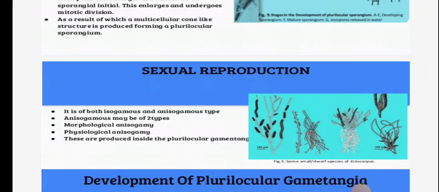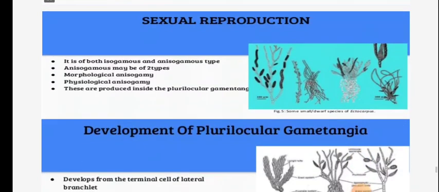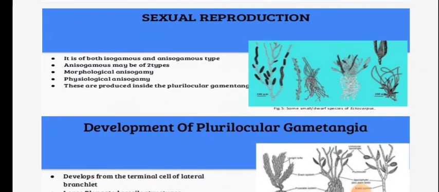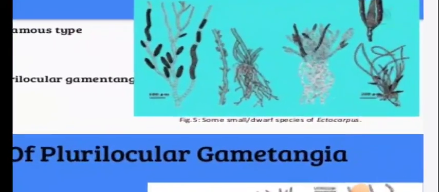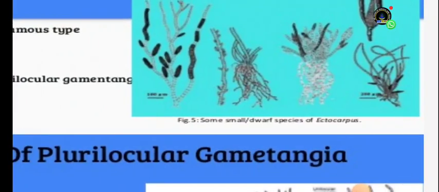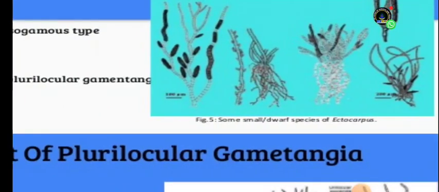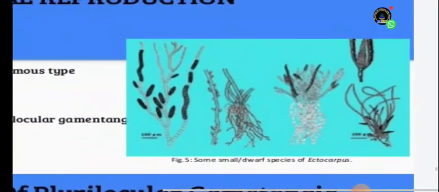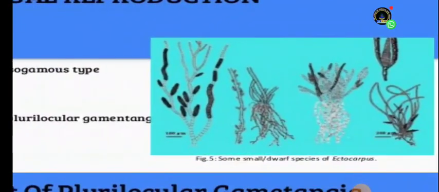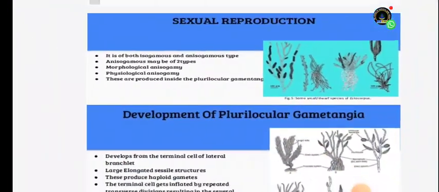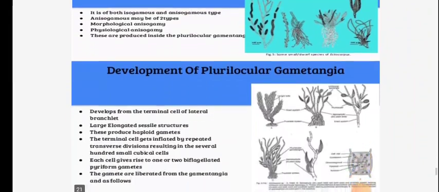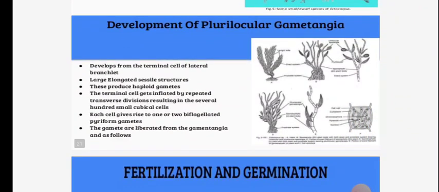Then there is sexual reproduction. It is of the isogamous and the anisogamous type. You see there are some diagrams or photographs showing the position of Ectocarpus sporangia. Next, the development of plurilocular gametangia.